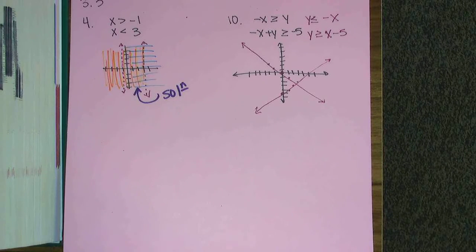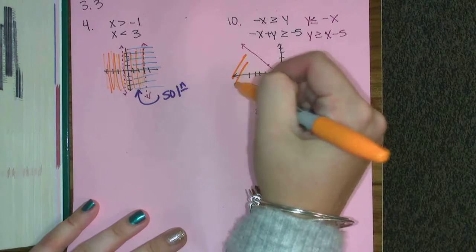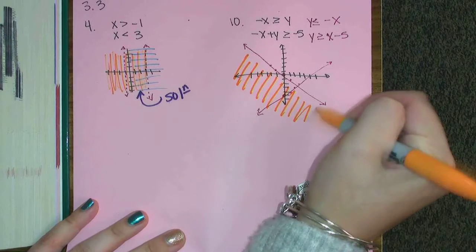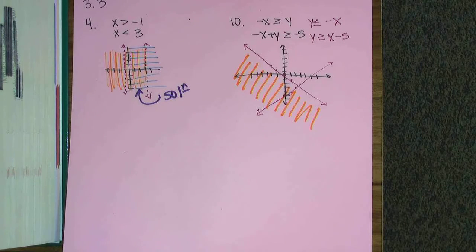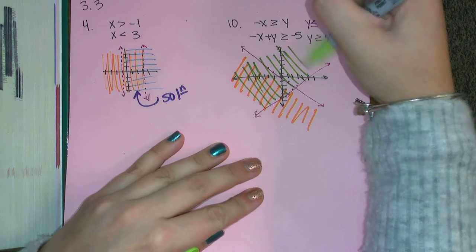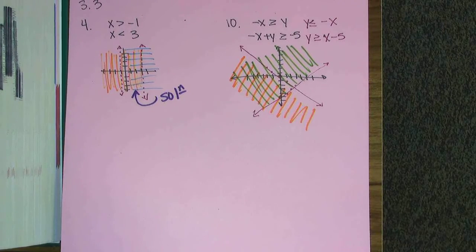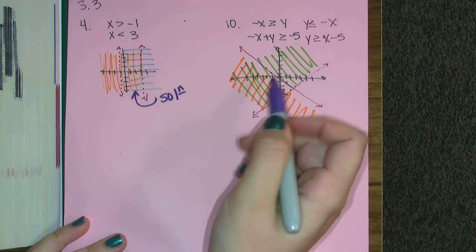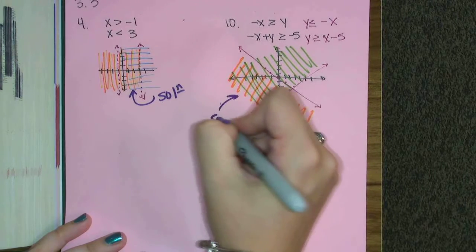Okay, so less than, so this one is shaded below. Okay, and the bottom one? Above. Okay, so up here. Where does it intersect? Okay, right here. This is my solution.